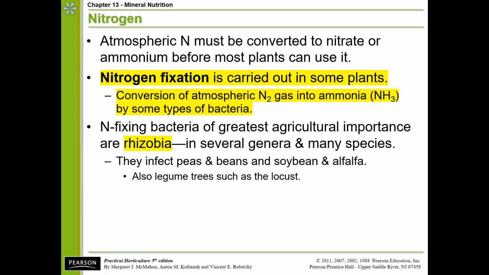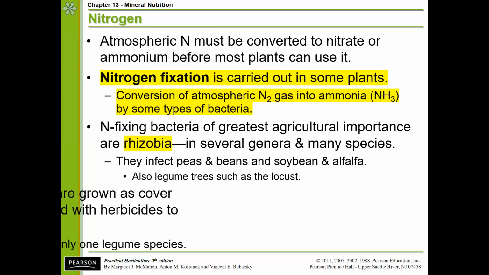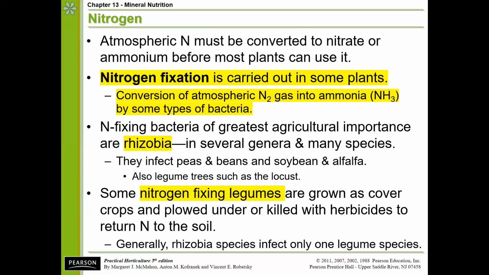It's not just the legumes that are able to fix nitrogen. Some plants in the rose family are also able to fix nitrogen. Some nitrogen-fixing legumes are grown as cover crops and then plowed under or killed with herbicides to return nitrogen to the soil.